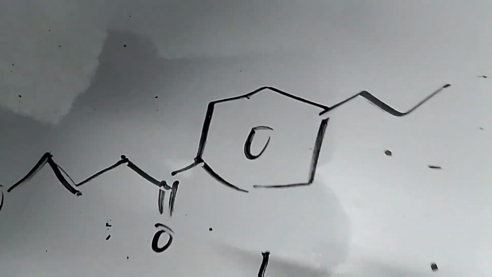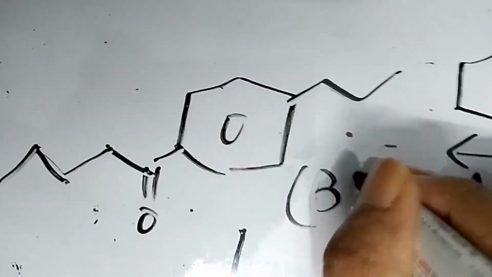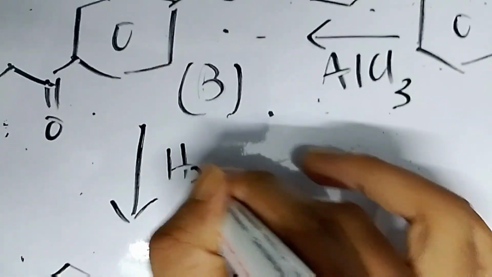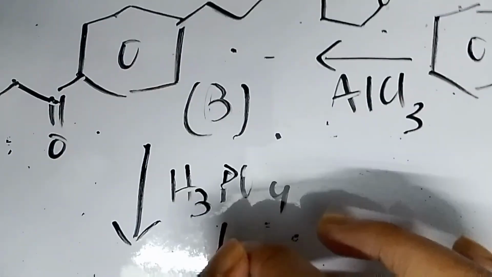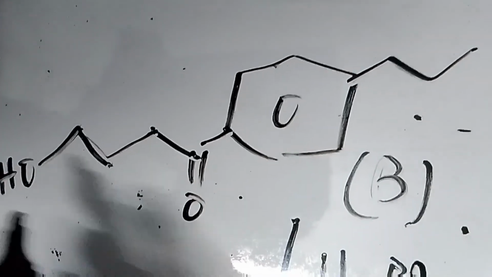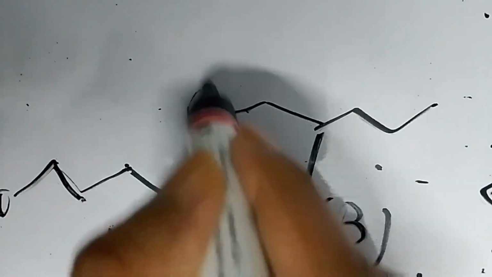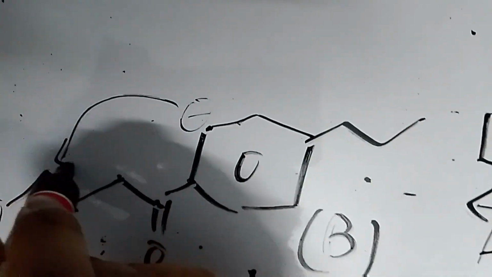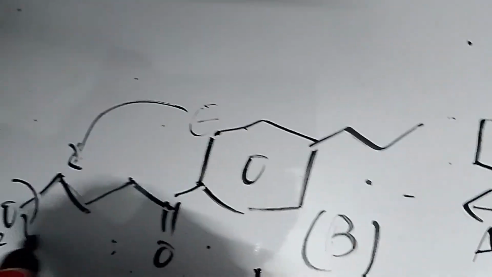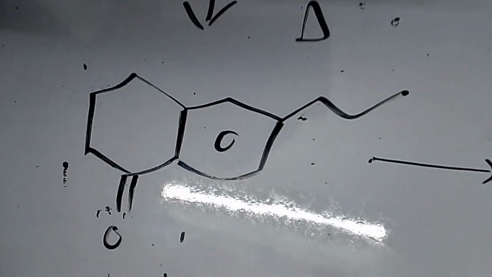In the third step, this compound, let's say B, is reacted with H3PO4 and heated. The OH group here accepts a proton, and the electrons from the benzene ring attack here, kicking out the H2O. So H2O leaves, and a ring is formed like this.